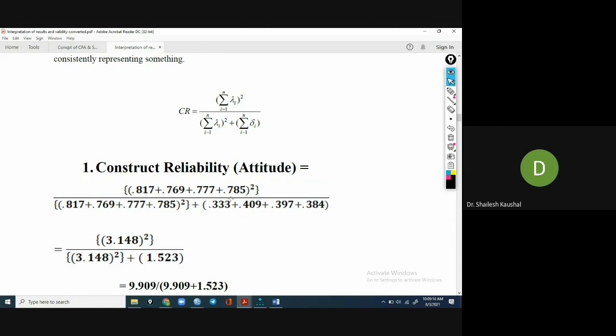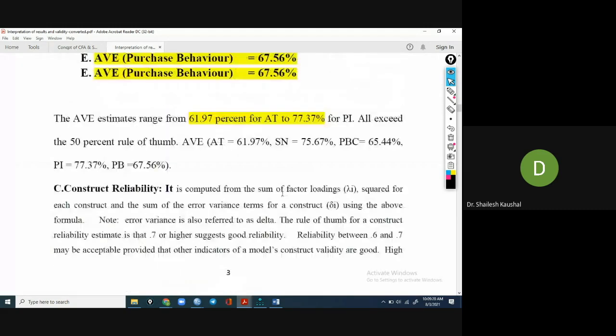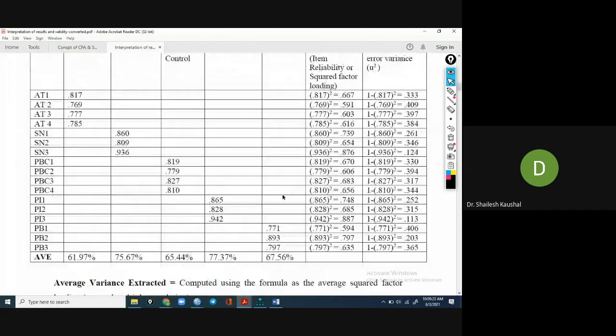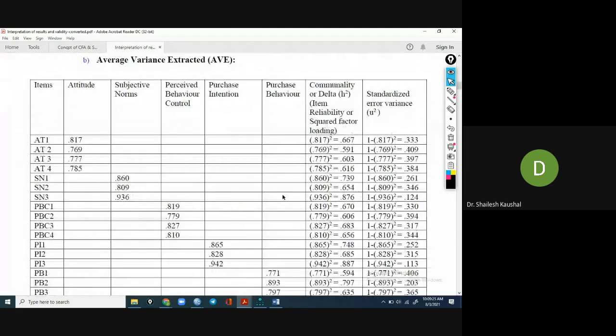The error term is 0.33. How did we calculate this error term? We will get the error term from here; this is our error term.